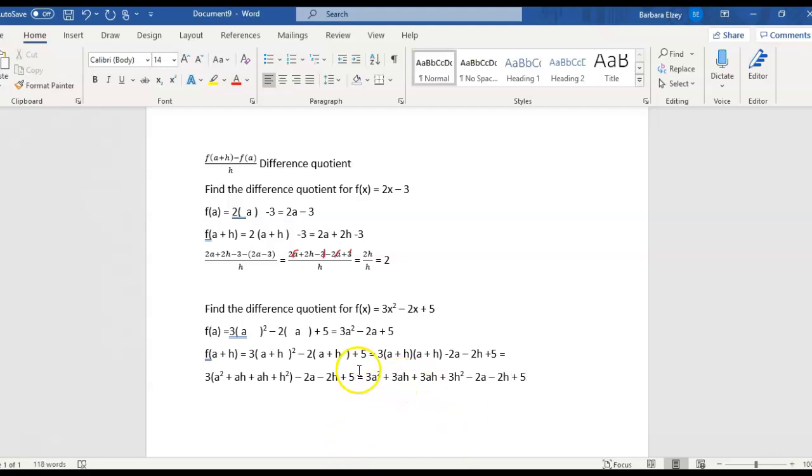Now, the only thing left I can do to simplify this is I can add the 3ah's together because they are like terms. So we'll have 3a squared. If I add the two 3ah's together, 3ah plus 3ah will be 6ah. And I still have 3h squared.